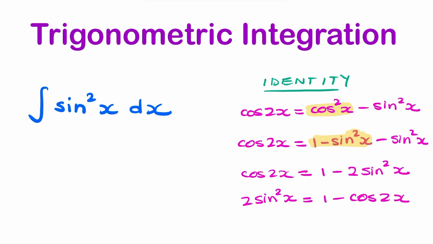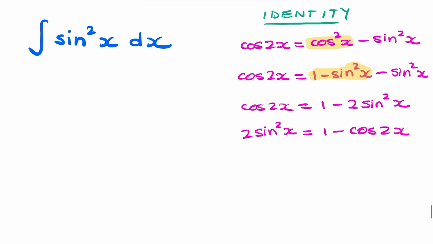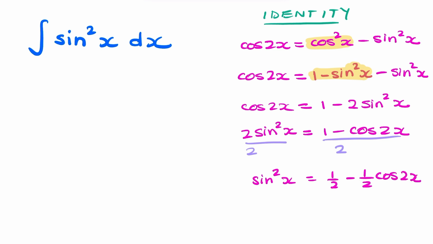And if you divide everything by 2 to get rid of that 2, you end up with an important identity, sine squared x equals a half minus a half cosine 2x. So that's an important identity that you can either remember or derive every time you need it.